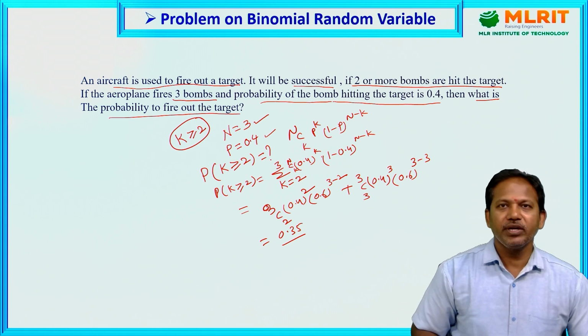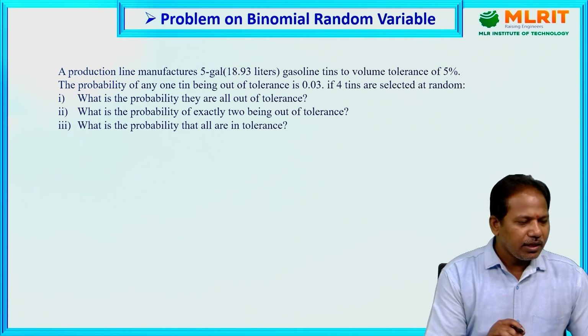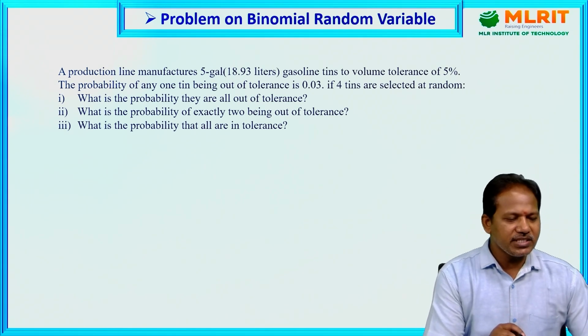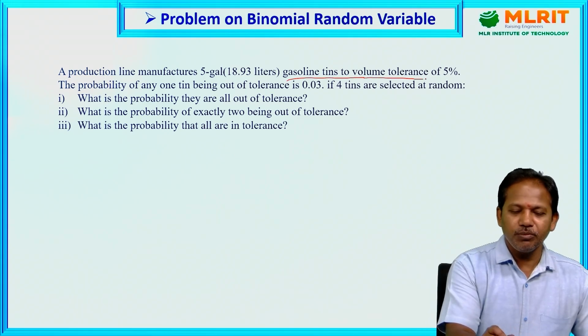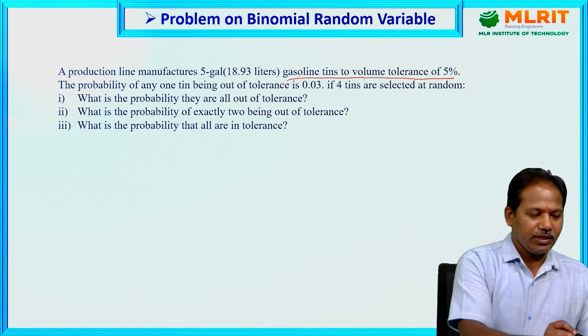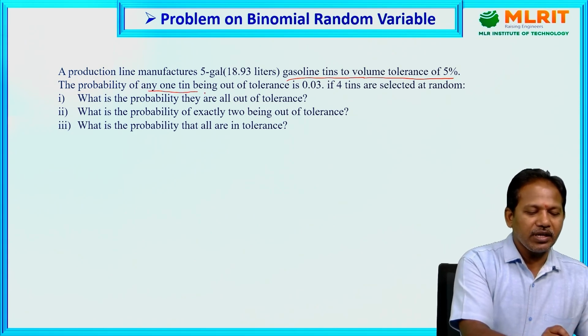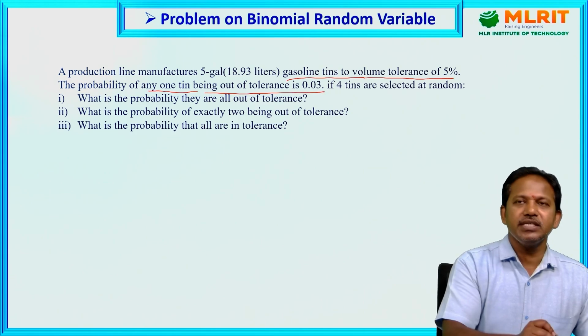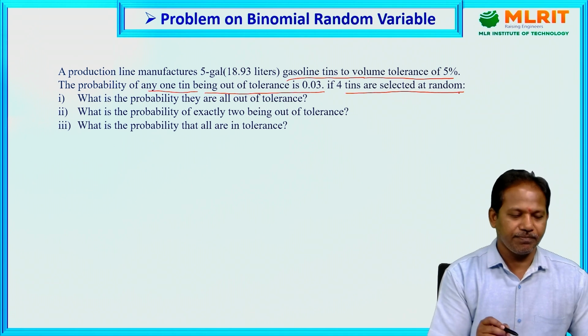Now we are moving to the next one. See here, a production line manufactures 5-gallon gasoline cans or tins to a volume tolerance of 5%. The probability of any one tin being out of tolerance is 0.03 if 4 tins are selected randomly.